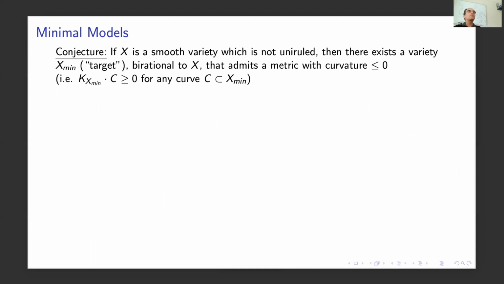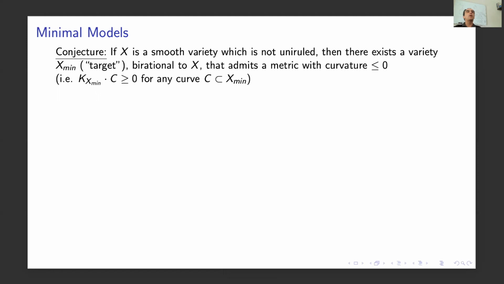Okay, so as I said before, we expect to always be able to find a target. So the conjecture is more precise. Suppose that X is a smooth variety which is not uniruled.